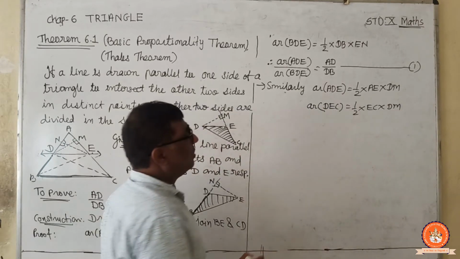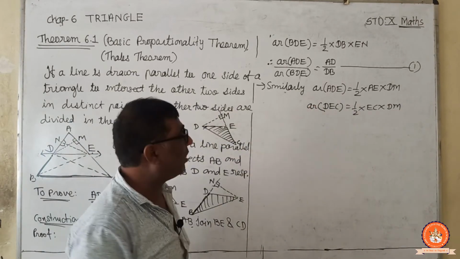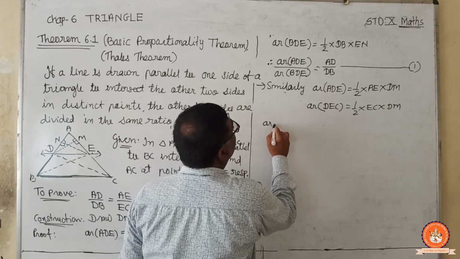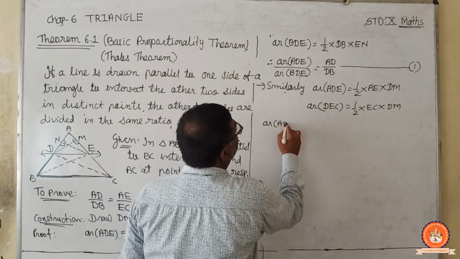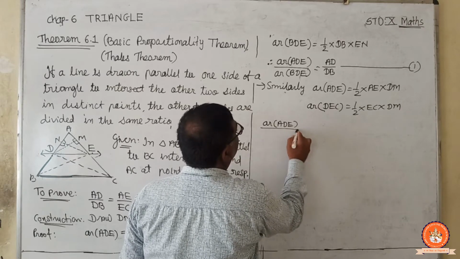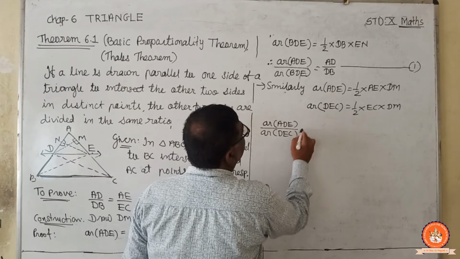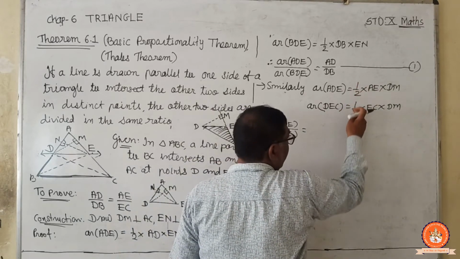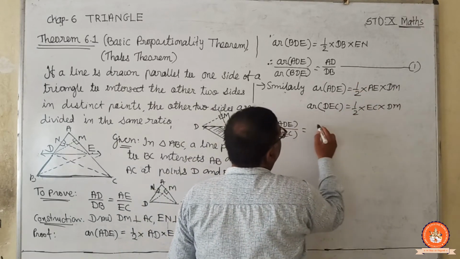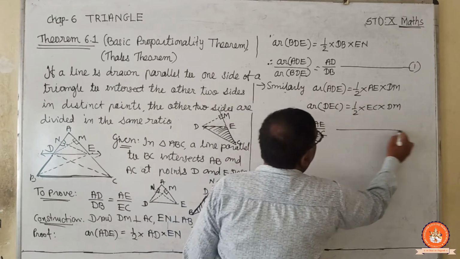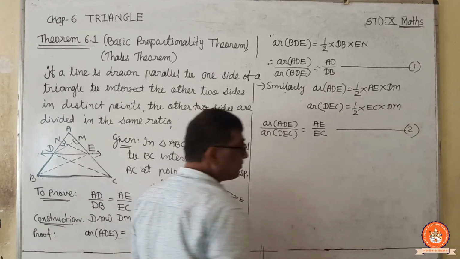And here also, if we take the ratio of both these, area of ADE divided by area of DEC is equal to half cut, DM cut, it is AE upon EC, and this is result number 2.